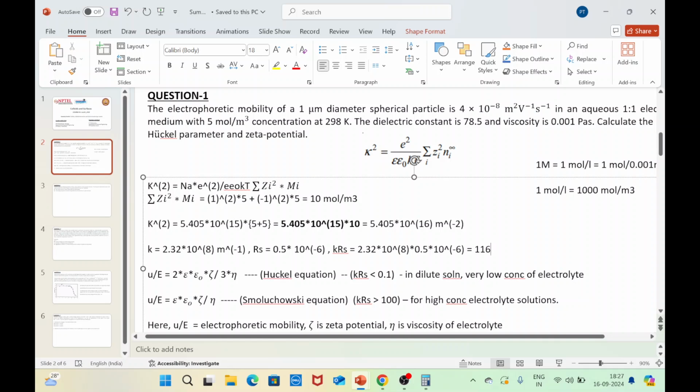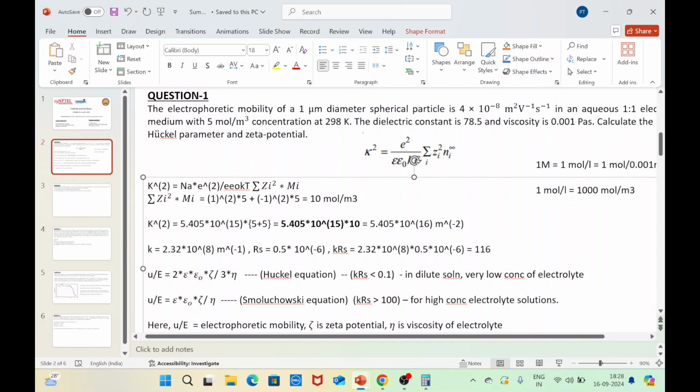So if you see here, based on this value of K times RS, if it is less than 0.1, in dilute solutions or very low concentration of electrolyte, you are supposed to use the Huckel's equation. That is nothing but, as we discussed yesterday, 2 epsilon epsilon naught times your zeta potential divided by 3 times the viscosity.